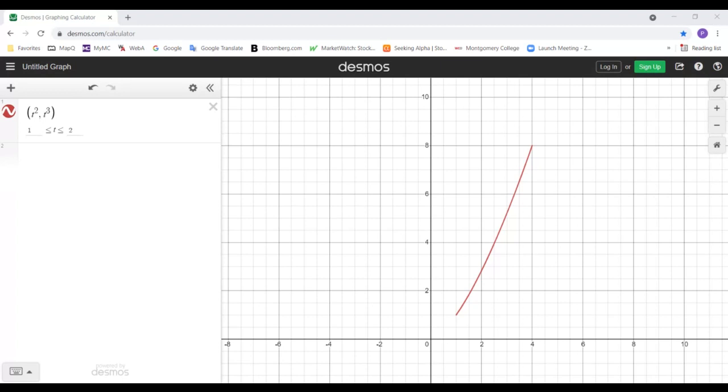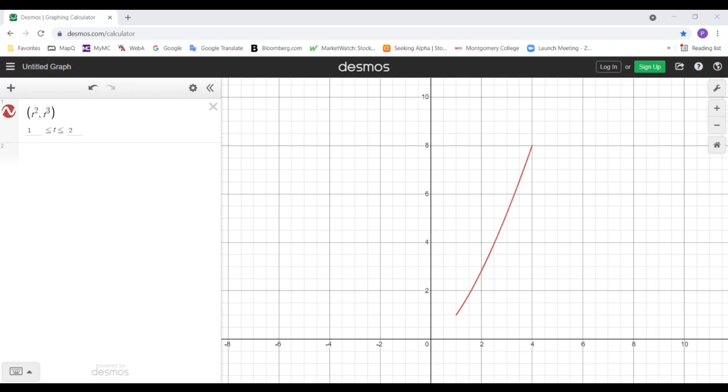How many are happy with the estimate of 7 as the length? Okay, between 7 and 8. All right, so we have an idea of what a sensible answer is.